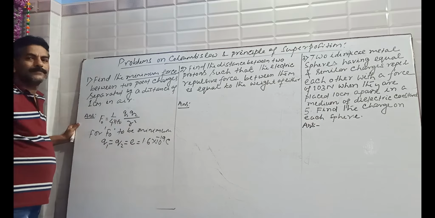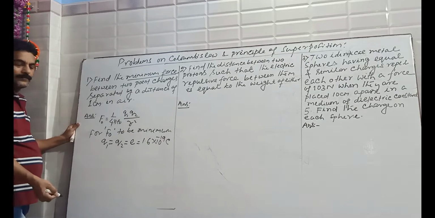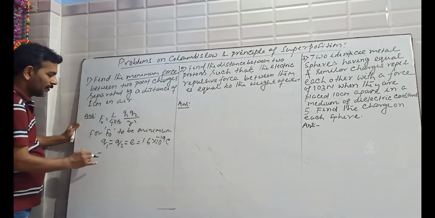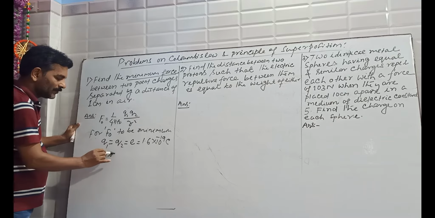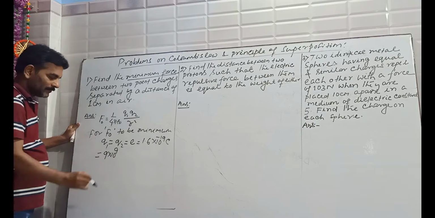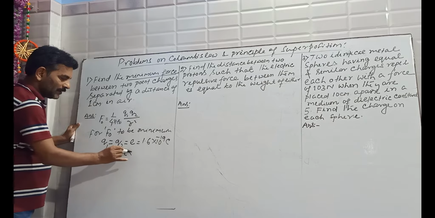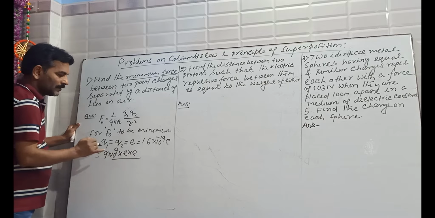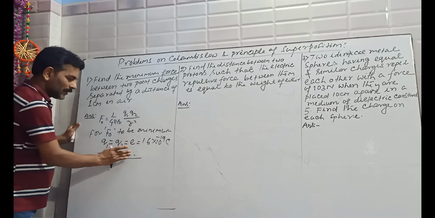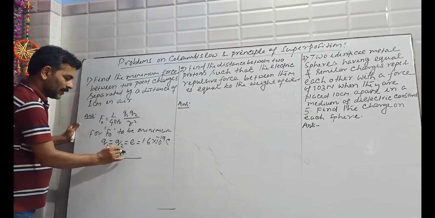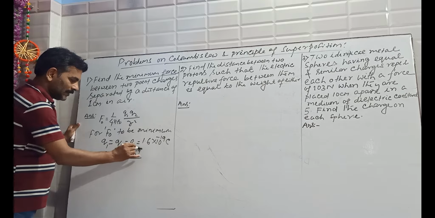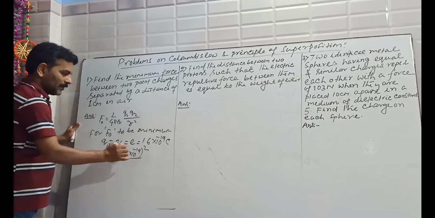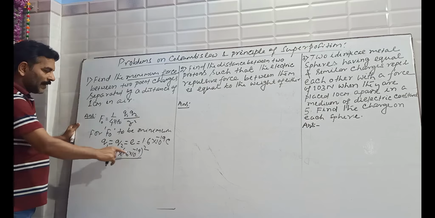Okay? Then you find. The value of 1 by 4 pi epsilon naught is 9 into 10 to the power 9, into E, or you directly put 1.6 into 10 to the power minus 19 square, Q1 Q2 by R square.